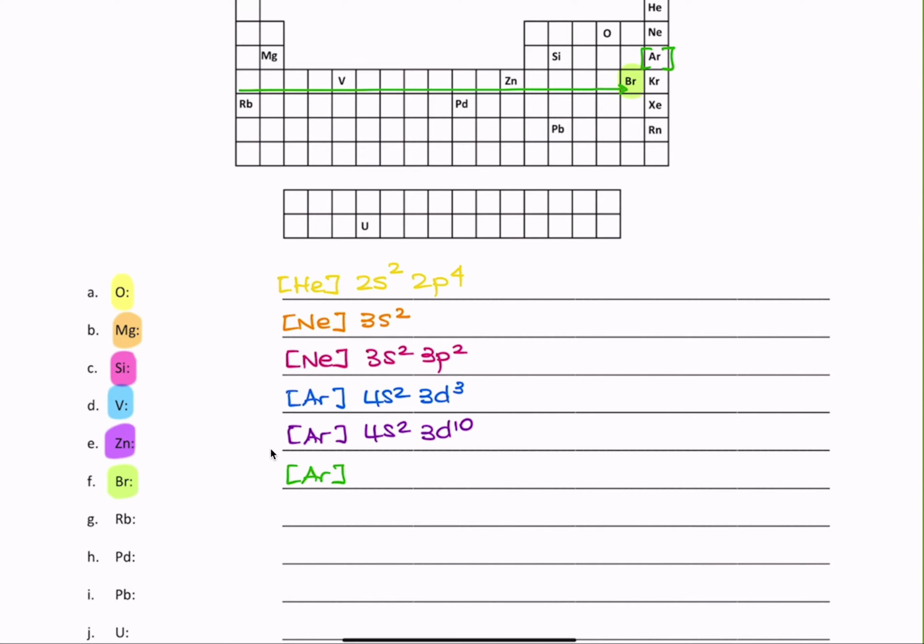This is the column of 4s, 3d, and the 4p. 2 in the 4s, 1, 2, 3, 4, 5, 6, 7, 8, 9, and 10, 10 in the 3d, 1, 2, 3, 4, and 5, 5 in the 4p.